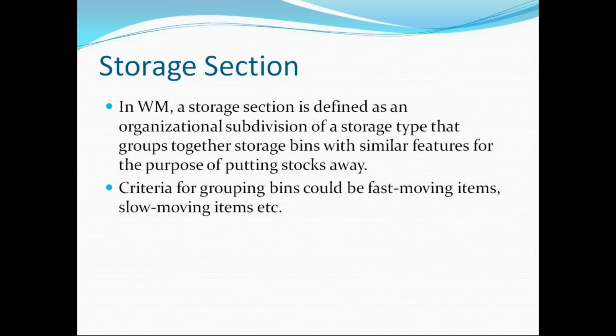The heavy items will be placed in the bottom of your warehouse structure, and the lightweight items will be placed in the top of the storage type. So these are the various storage sections. That means we are grouping together the bins of similar features for the purpose of putting away the stocks or picking the stocks.